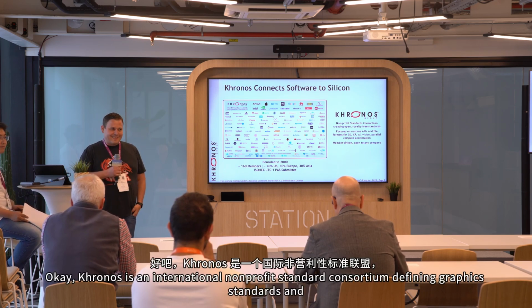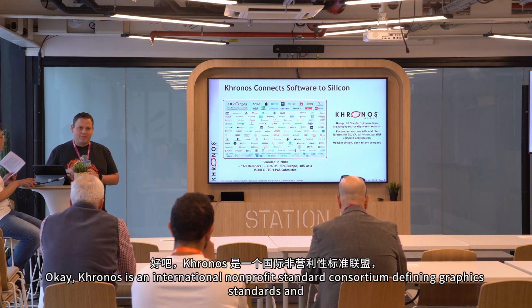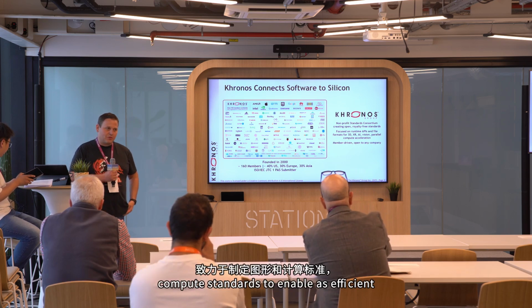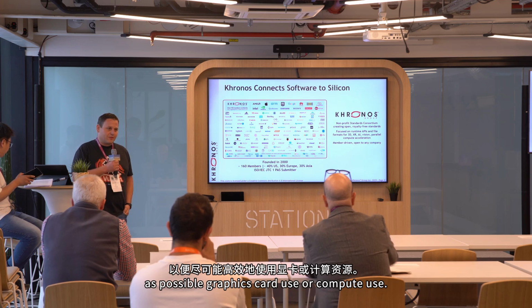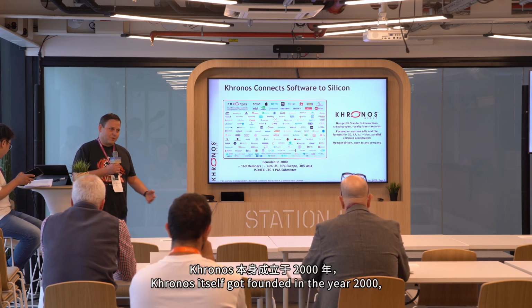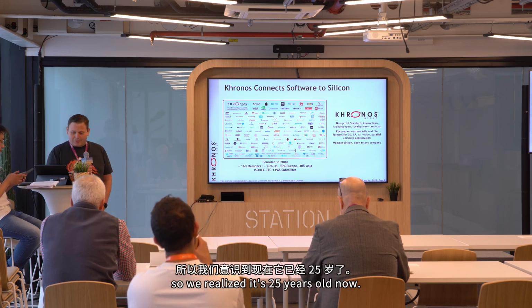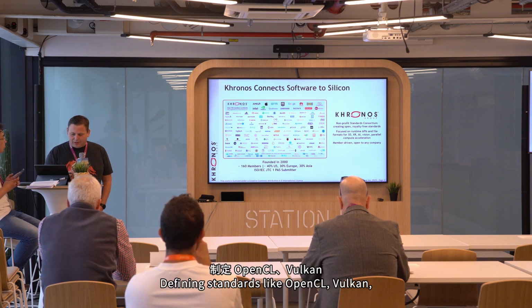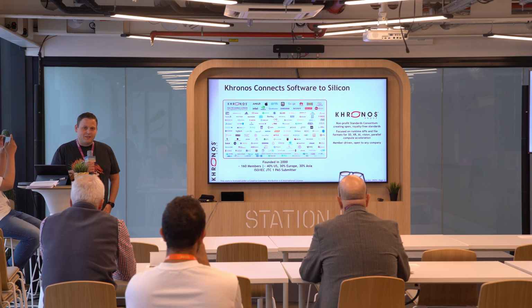No one. Okay. Khronos is an international non-profit standard consortium defining graphics standards and compute standards to enable as efficient as possible graphics card use or compute use. Khronos got founded in the year 2000, so it's 25 years old now, defining standards like OpenCL, Vulkan, or the quite old OpenGL.